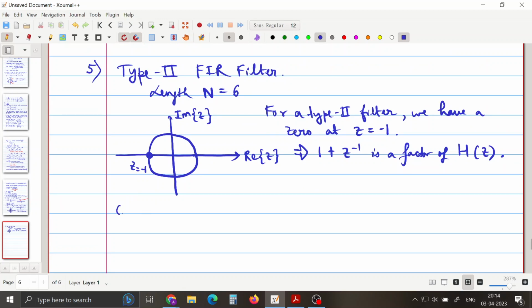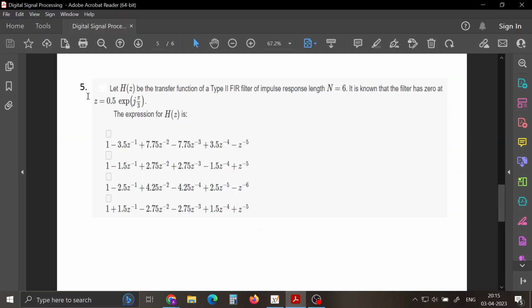Now, we have been given that one zero is at, let me go and check once again, z equals 0.5 e power j pi by 3. This was given.